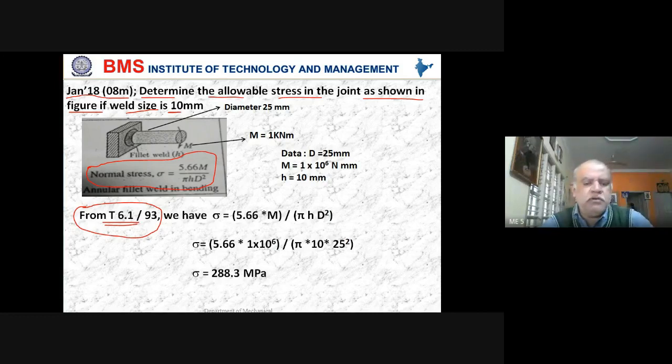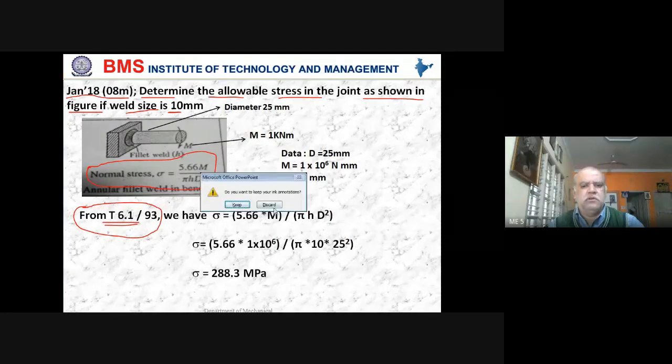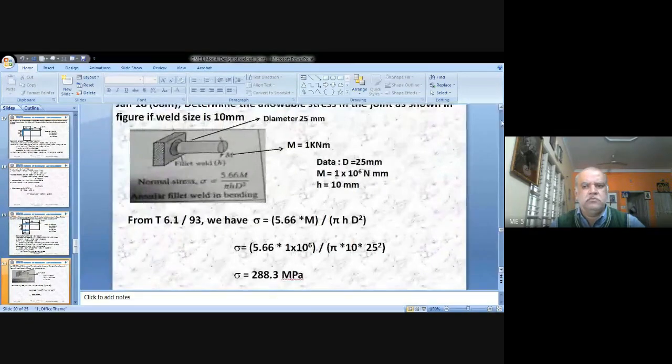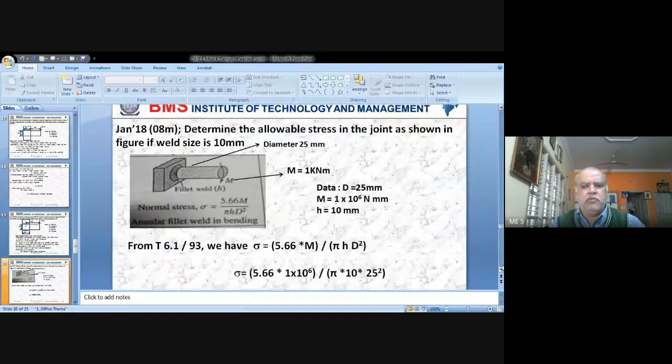Please note down this problem and sketch.